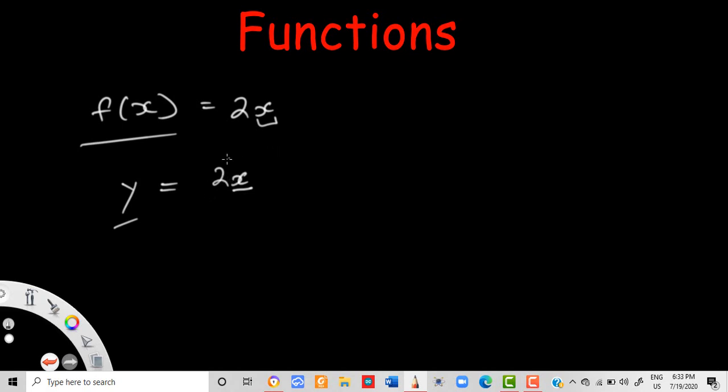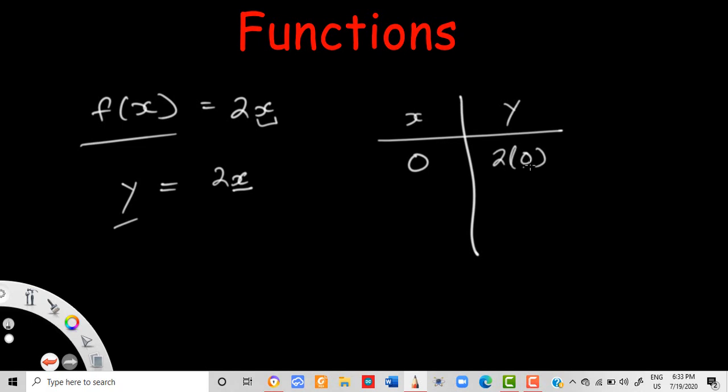That is a function. So if we were to work this one out and find the values of y when x is varying from 0 to 3, let's say. So here is x and here is y, right? If x is 0, then y will be 2x, which is 2 times 0, right? 2 times 0 is the same as f(x), right?